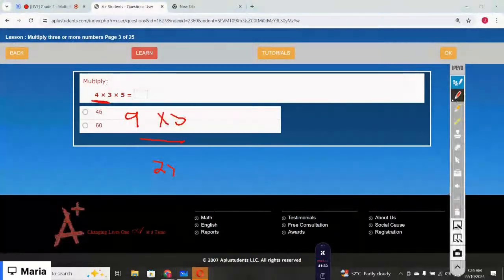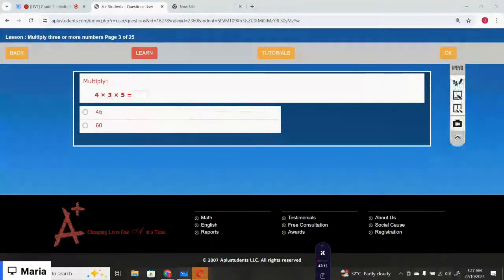That is 4 times 3 is 12, and then you have to do 12 times 5. Very good. 12 times 5 is 60. So the correct option is 60. Option number 2 is the correct option. Very good. The correct option is 60.